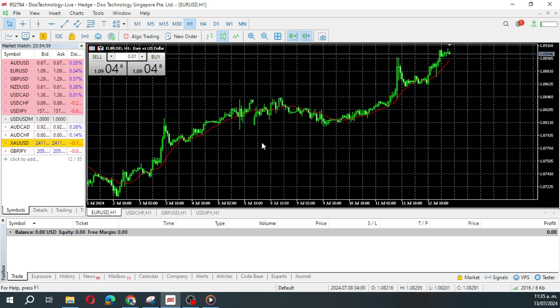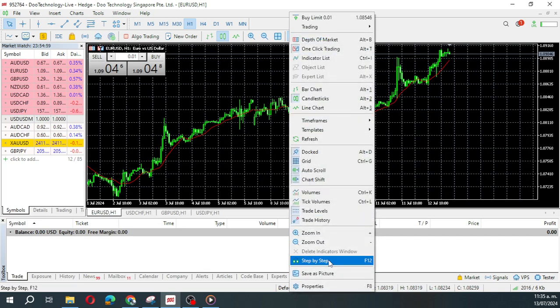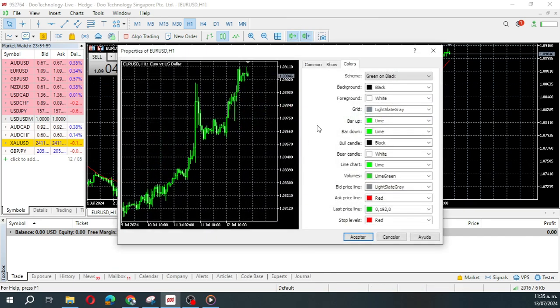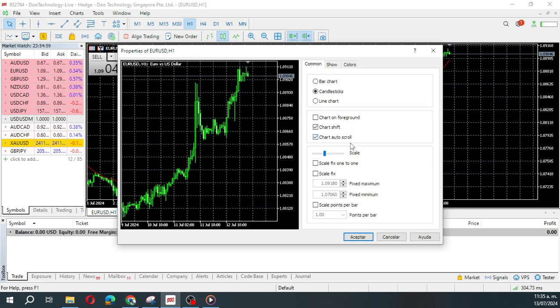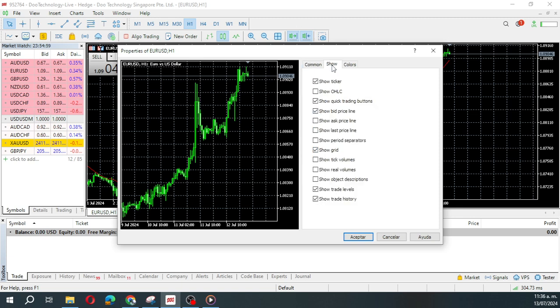I also recommend modifying this in order to see it cleaner and less complicated. So let's right click with the mouse and click properties.